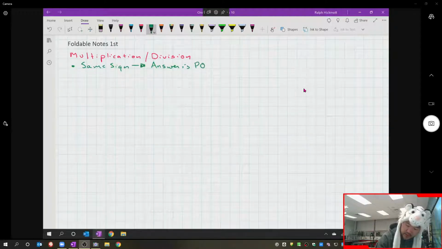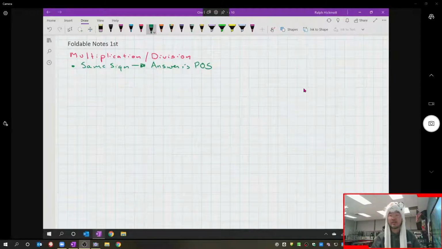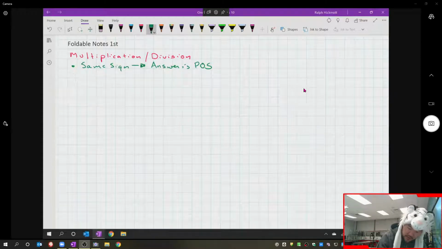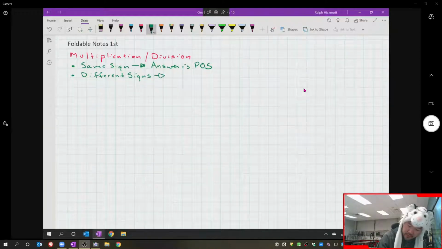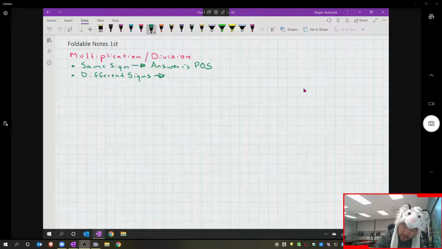So that's like one of those set rules that never changes. So same sign, answer is positive. If they are different signs, the answer will be negative. So this is something that carries over from integer math, fraction math, all of that.